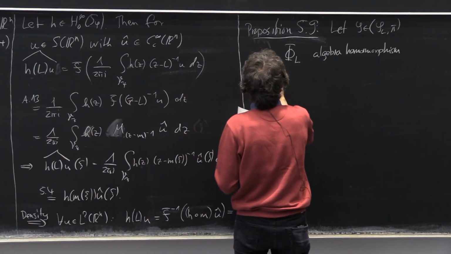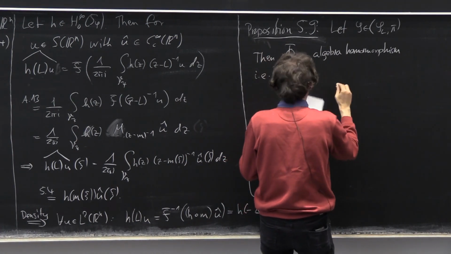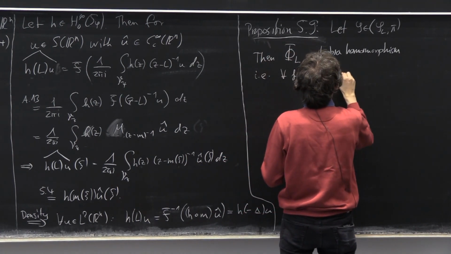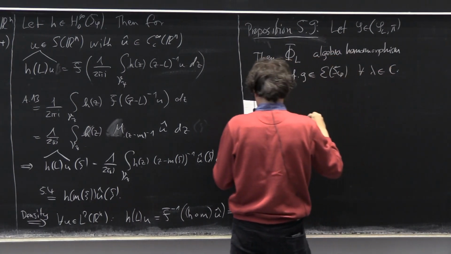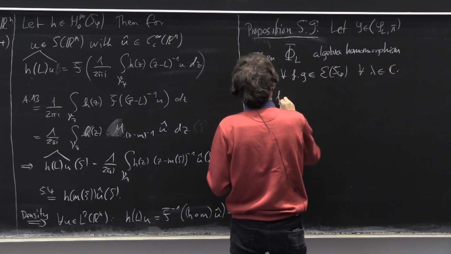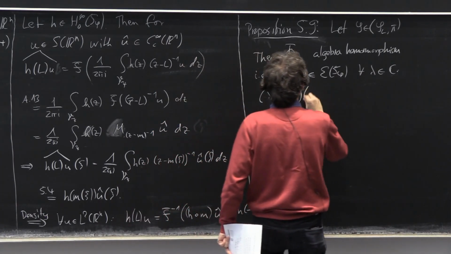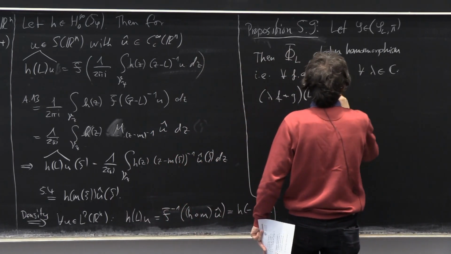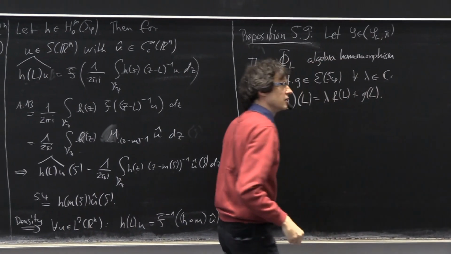So this means, written out in more detail, that for every f and g in the Dunford-Riesz class, and for every complex scalar lambda, you get that it is linear. So if you take a linear combination of two functions and you plug in L, this is the same as plugging L into f and g and doing the linear combination in the operators.